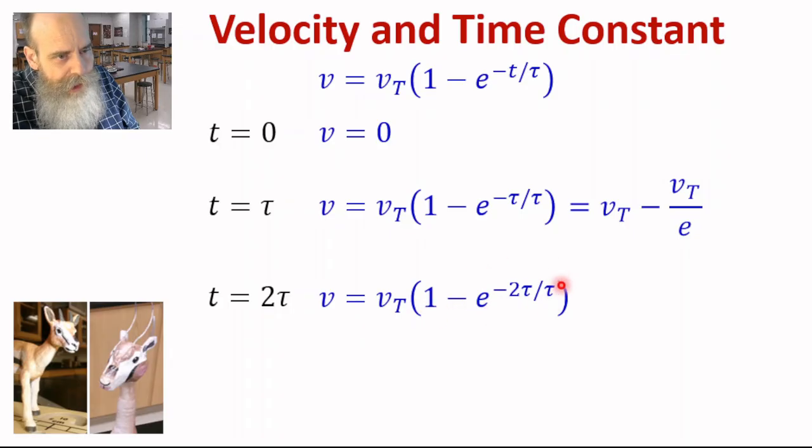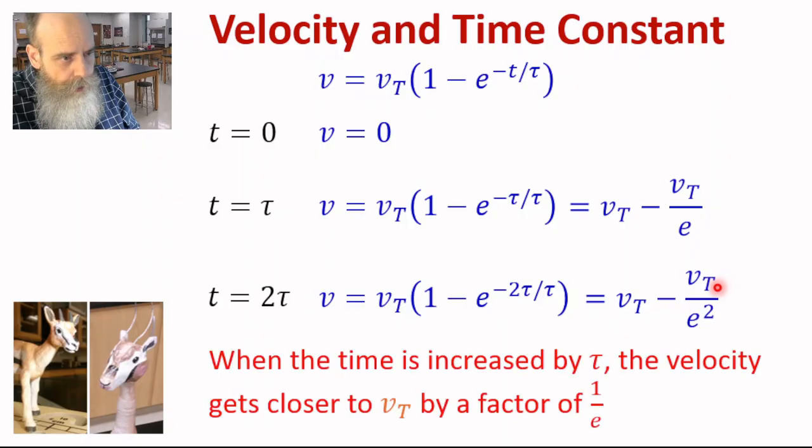This is e to negative 2, or 1 over e squared. So it becomes Vt minus Vt over e squared. Note, at the time of 2 tau, it is Vt over e squared away from the final velocity of Vt. When the time is increased by tau, the velocity gets closer to Vt by a factor of 1 over e.